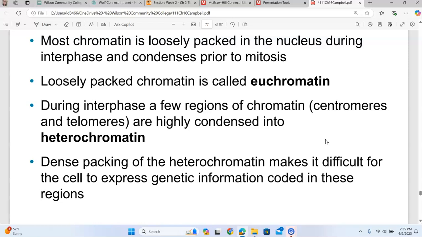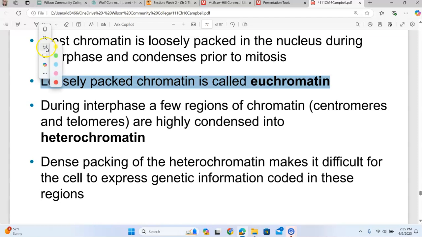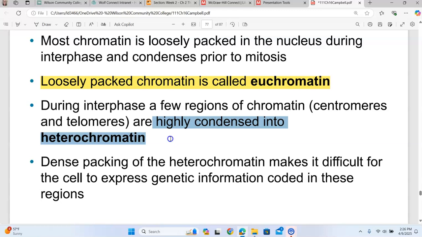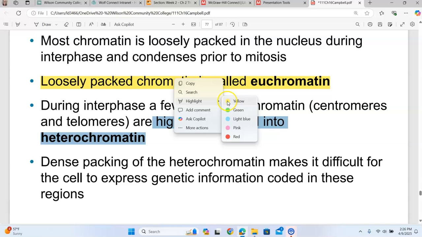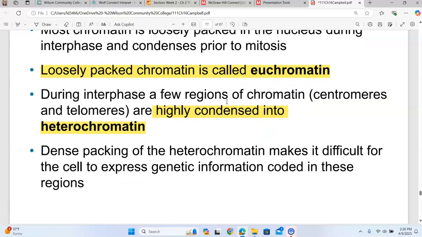So loosely packed chromatin is referred to as euchromatin, and condensed chromatin is referred to as heterochromatin. When we say that chromatin condenses and forms chromosomes during prophase, that form of DNA is called heterochromatin. That is the condensed chromatin that you see during mitosis.